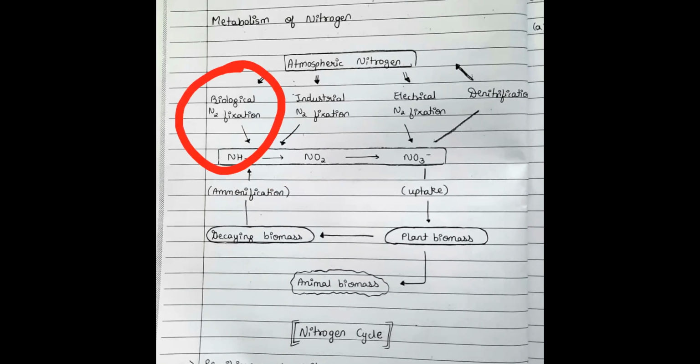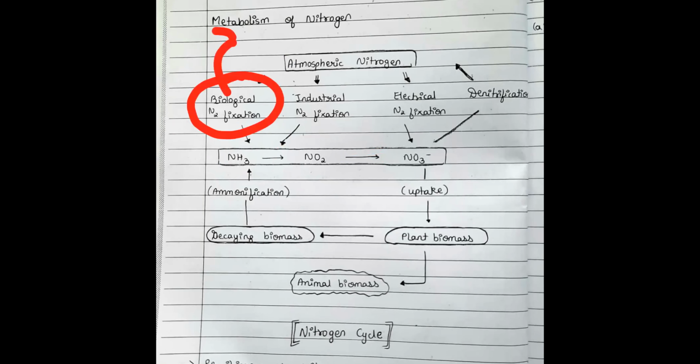Microbes present in the soil help convert nitrogen to ammonia. Then this ammonia converts into NO2 and NO2 converts into NO3. Here microbes are involved, that's why it is called biological nitrogen fixation.